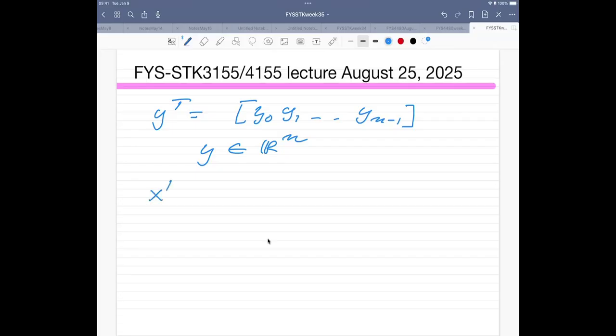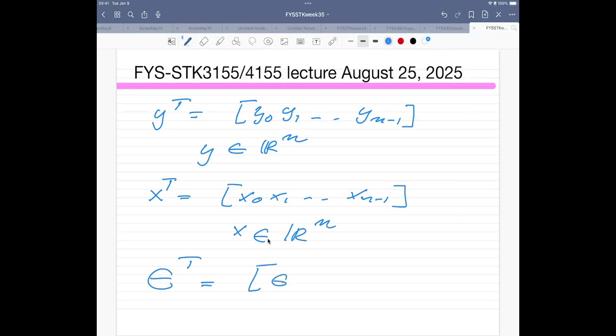Similarly, we have x, which is our input, given by x0, x1, up to xn minus 1, and we also say that x is an element of R of n. Then we have the parameters, which are the unknown quantities, given by theta 0, theta 1, up to theta p minus 1. They're also real numbers, so theta is assumed to be real with length p.